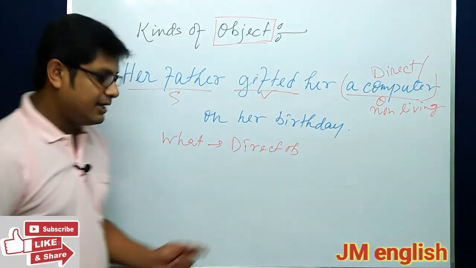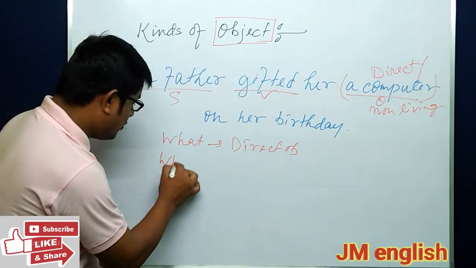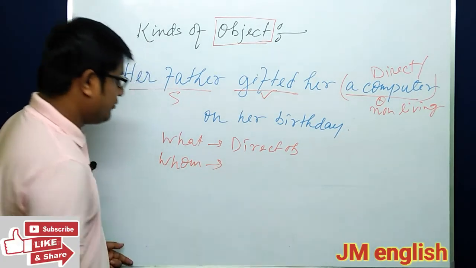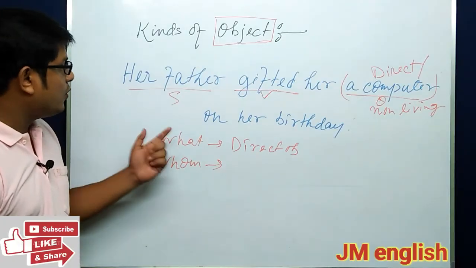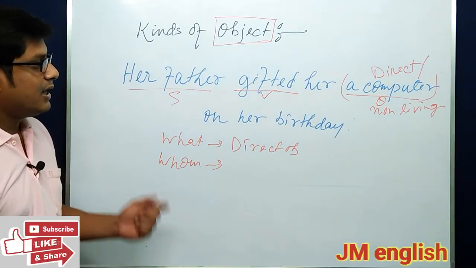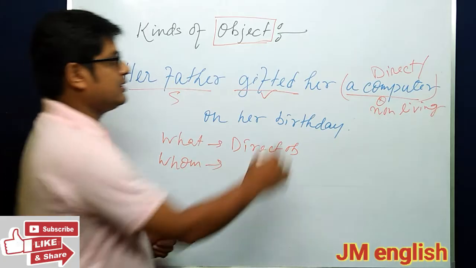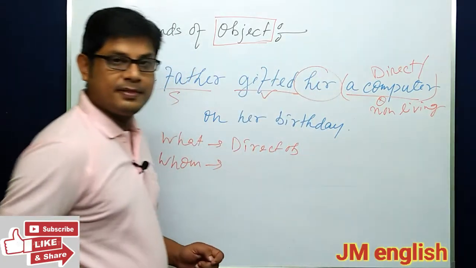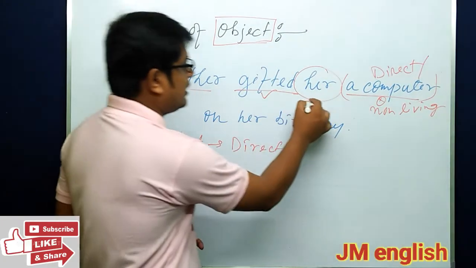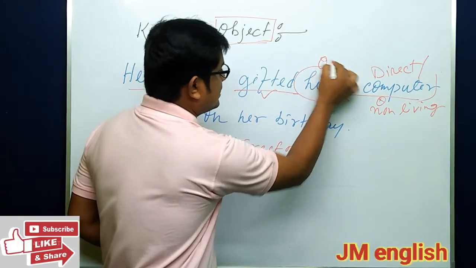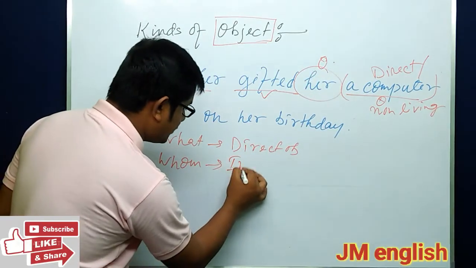isn't it? Now the second part, whom. If you ask the question with whom did her father gift a computer, her. Right? So her is also an object, and it is an indirect object.